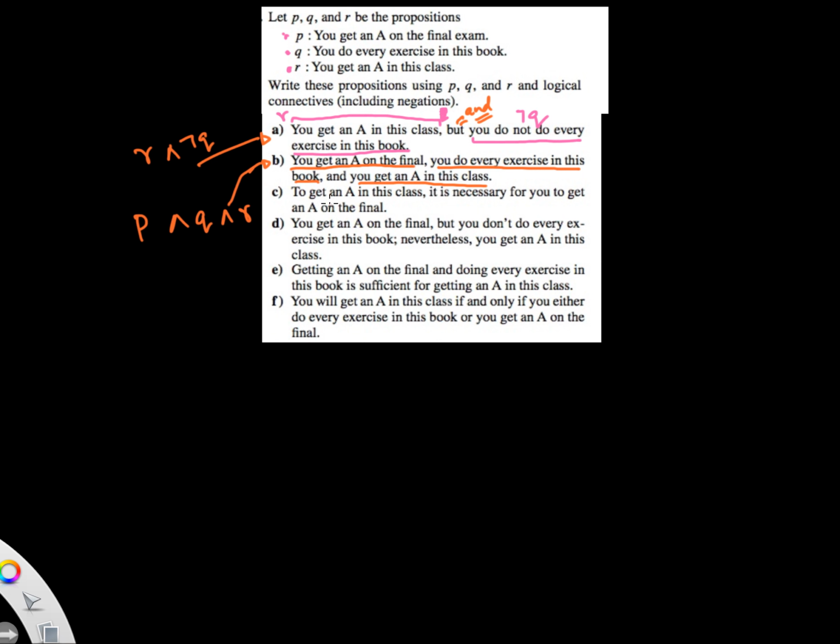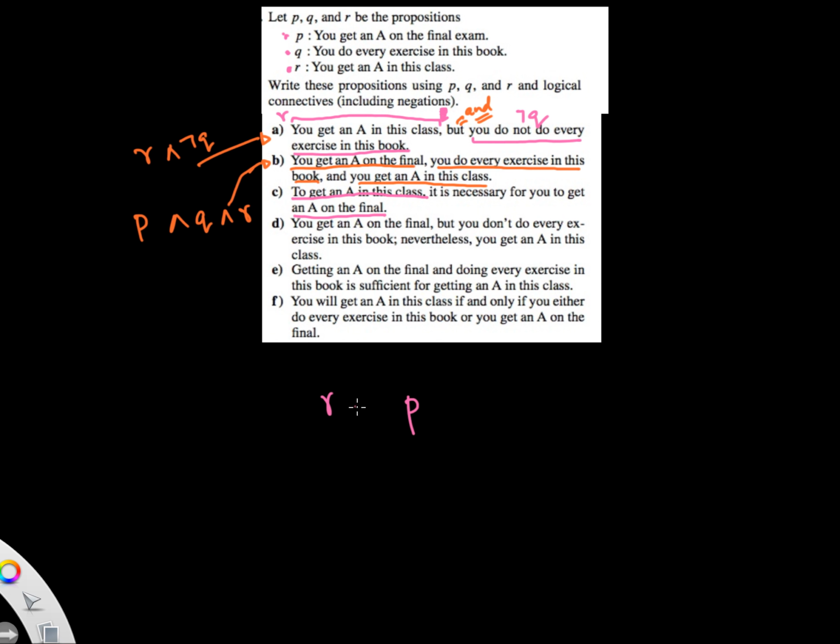Part C. To get an A in this class, it is necessary for you to get an A on the final. So let's think about this. To get an A in this class is being done by the propositional variable R. And getting an A on the final is P. So I need something between R and P here.